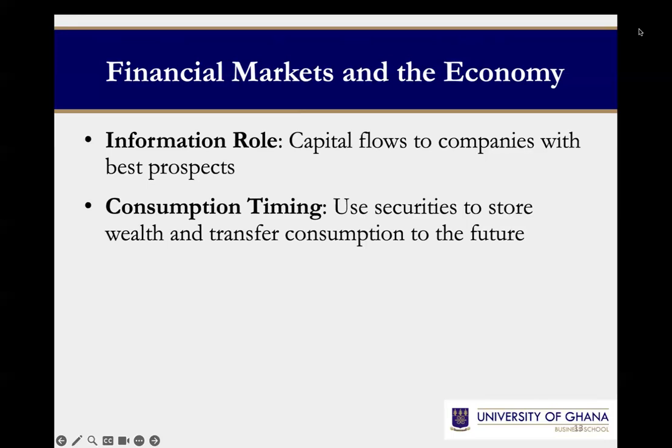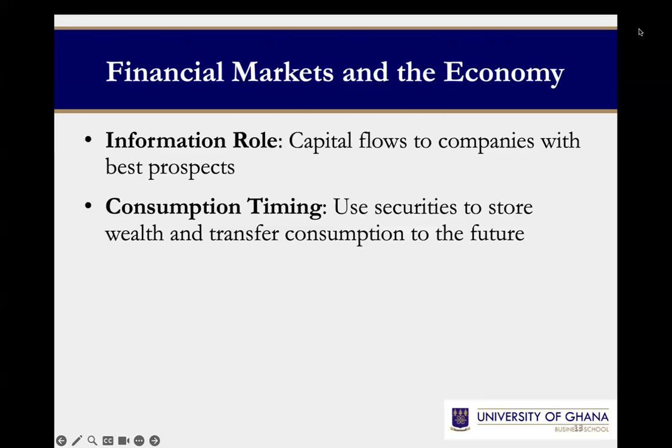Financial markets also provide another function in the area of consumption timing. So we can actually use securities to store wealth and transfer consumption to the future. An example would be when we buy bonds or we buy stocks, we put up the money in those financial assets, which are operating within the financial market. And by virtue of that, we only liquidate or sell off when we need the funds.